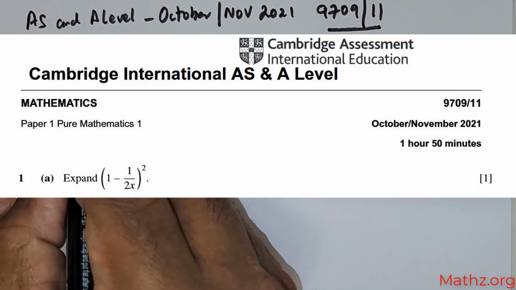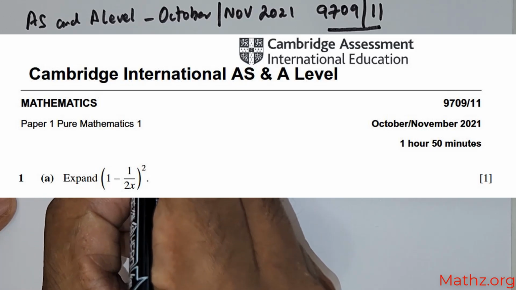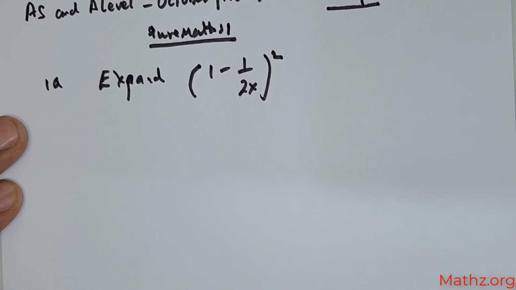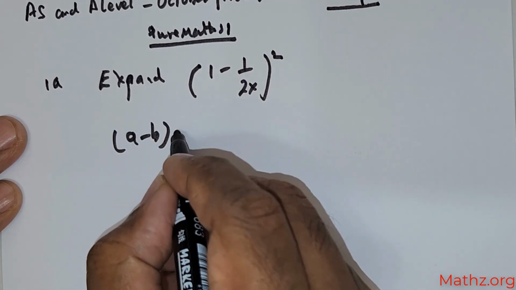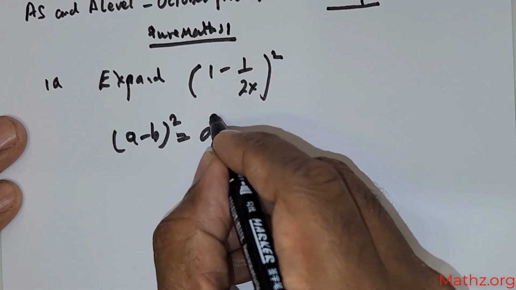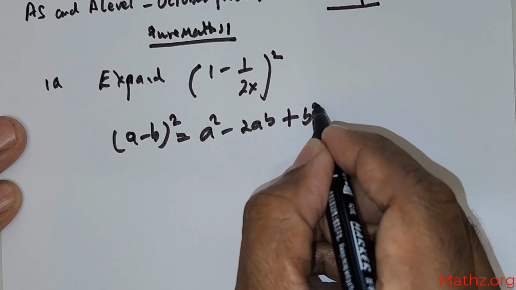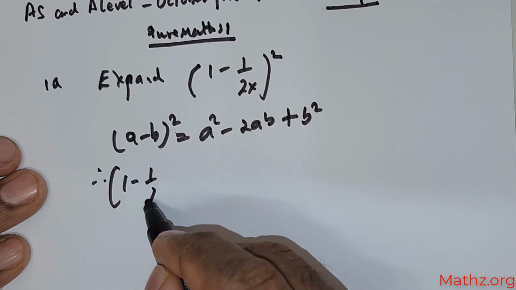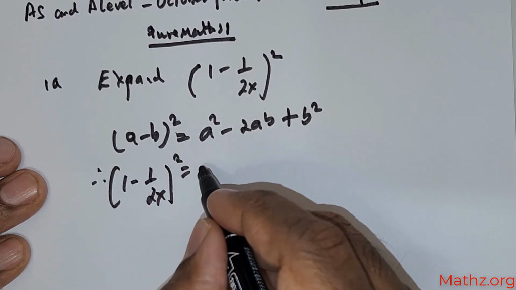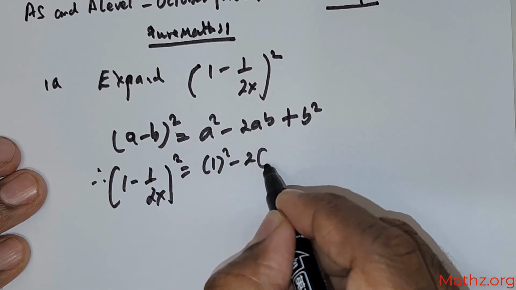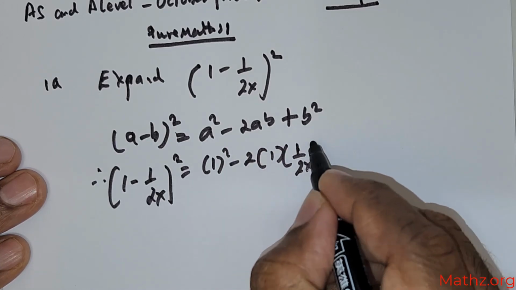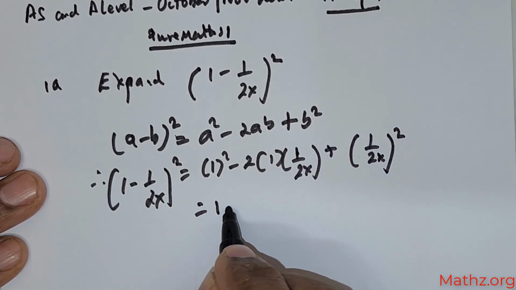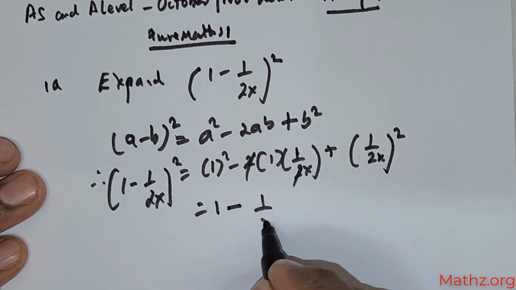The first question is expand (1 − 1/(2x))². This is of the form (a − b)², which is a² − 2ab + b². So (1 − 1/(2x))² is going to be 1² − 2 × 1 × 1/(2x) + (1/(2x))². The 2 gets cancelled, so you get 1/x.